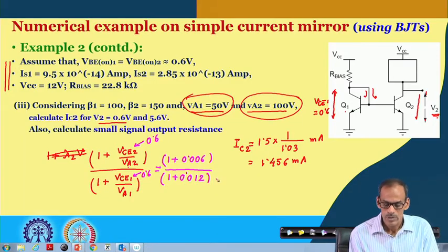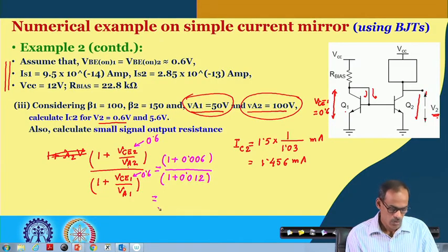Okay. So, this non-ideality factor is 1.006 divided by 1.012.